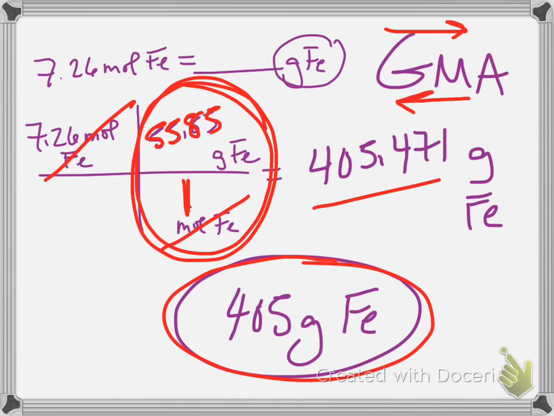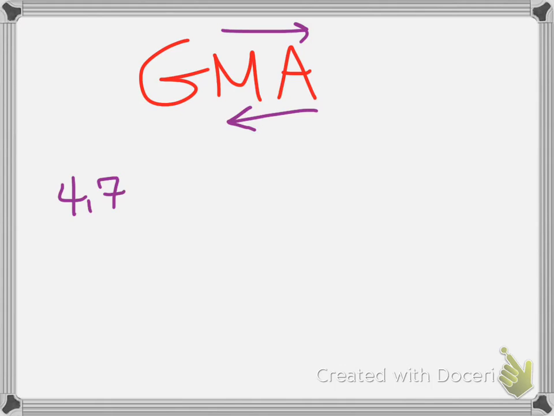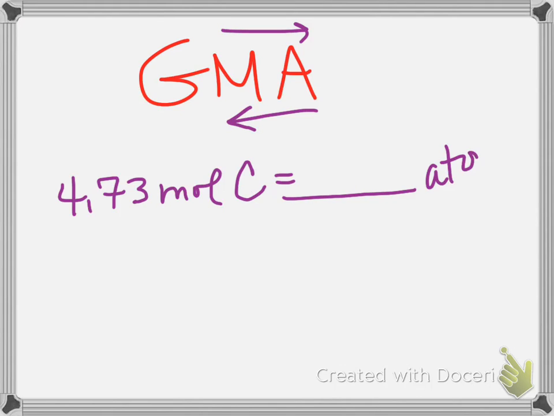So now let's go to the other end of the GMA thing, and let's go atoms to moles and moles to atoms. Okay? These are still one-steppers. So if I am told that I have 4.73 moles of carbon, and just because I'm a crazy weirdo, I want to know how many atoms of carbon that is.